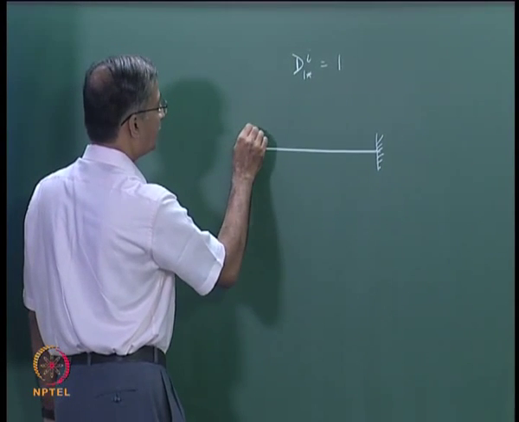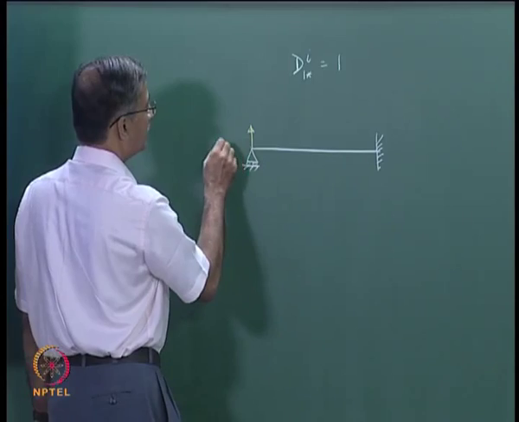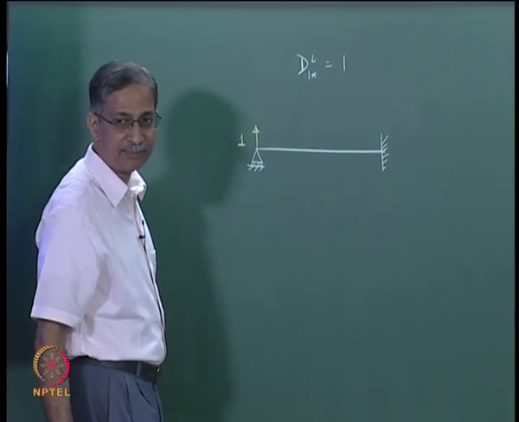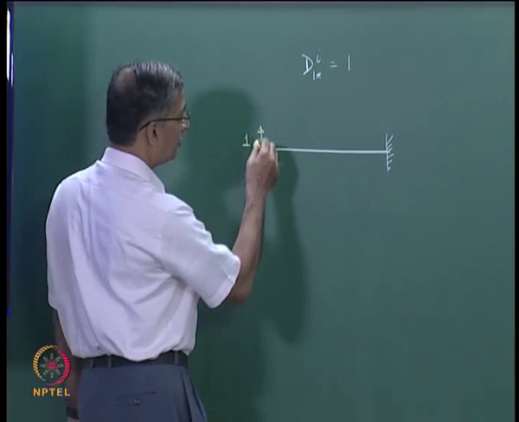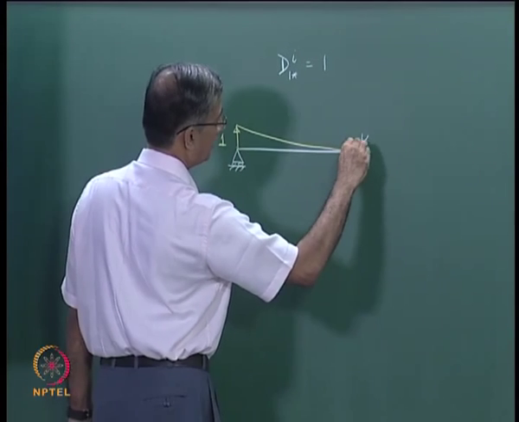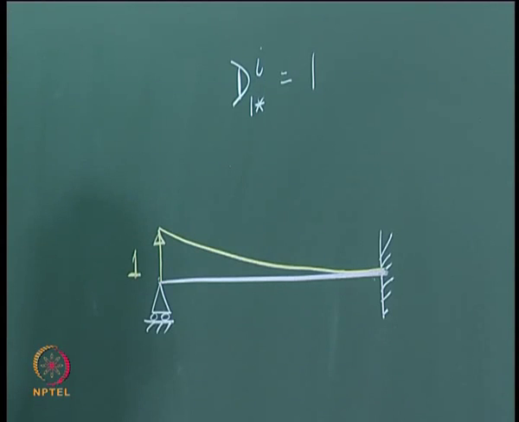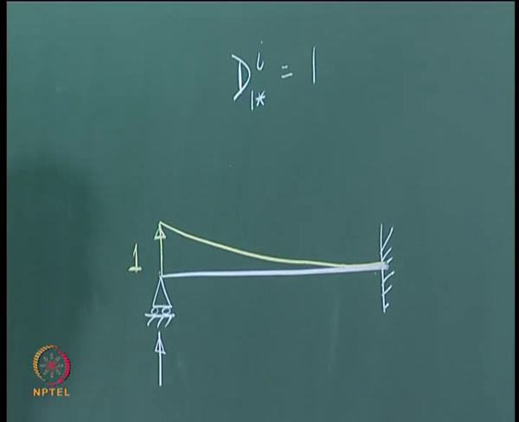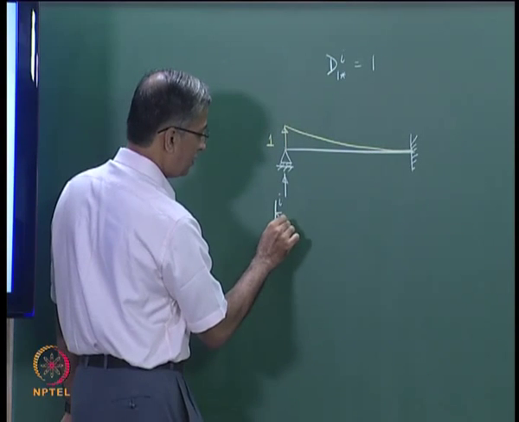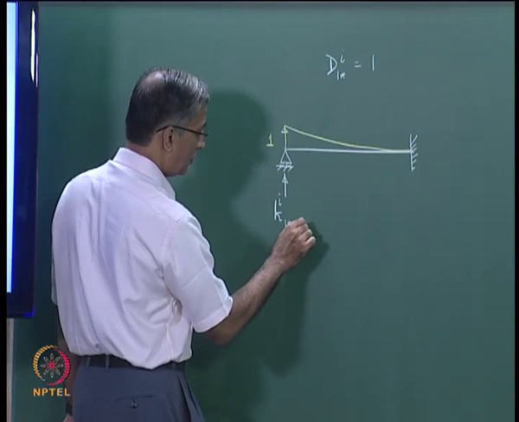If I let this go up by 1, this must come back here. What will be the deflected shape? It will be like this, like a cantilever. And the force I need to apply here to lift it up will be how much? This is what I call K in the ith element, 1 star 1 star.